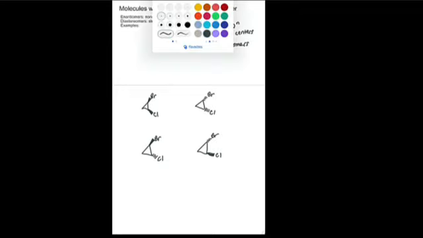All right, so when you're assigning the stereo configuration, that involves ranking, prioritizing. I'm going to call the bromine priority number 1. It has a larger atomic number than the carbon here, and this carbon is a greater priority than the other one because carbon number 2 goes to a chlorine atom, so it's going to win in the priority rankings.